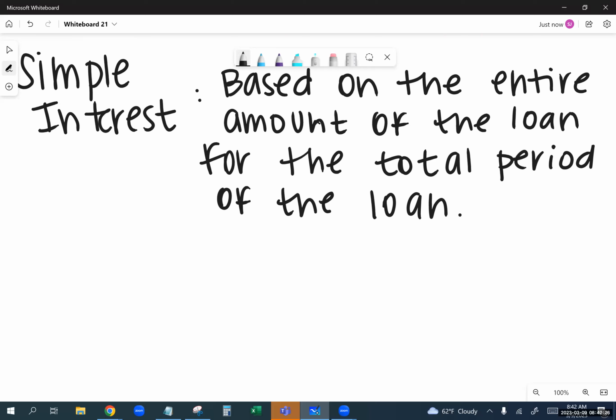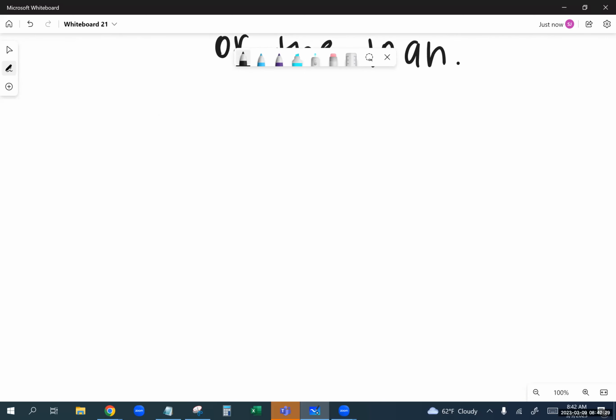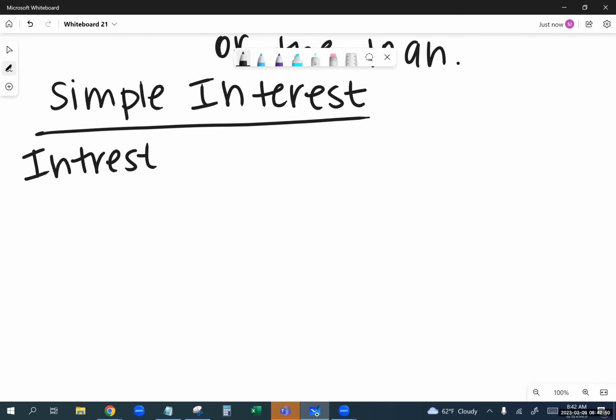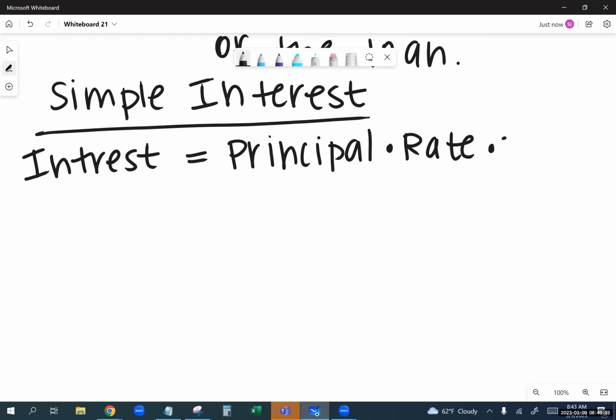This is our first formula that we're going to see in chapter 10, which is simple interest. Interest equals principal times rate times time.